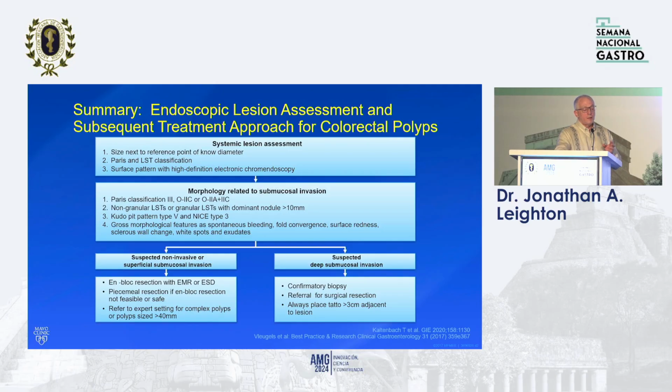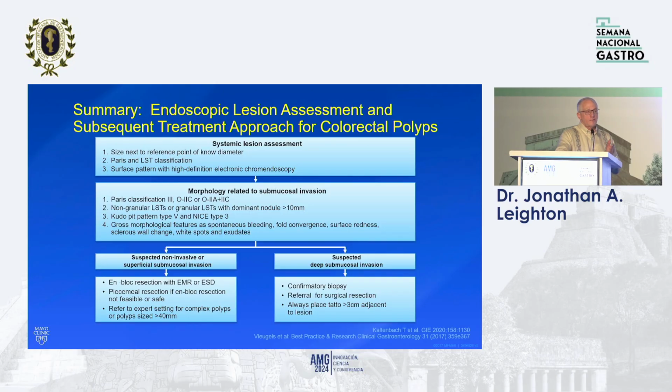You then want to determine the Paris classification, or if it's a lateral spreading tumor, whether it's granular or not, and then look at the surface pattern with high definition electronic chromoendoscopy. Once you've done that, then you want to move to the morphology, and you're mainly doing that to look for submucosal invasion.